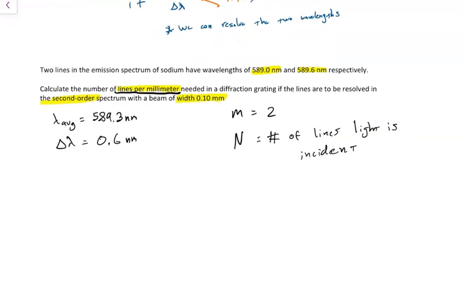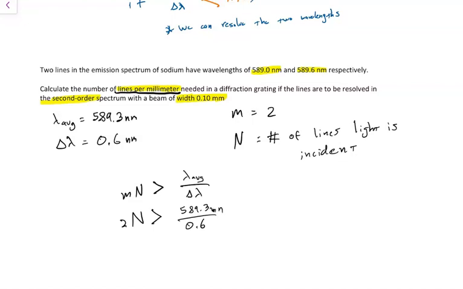So in order for our wavelengths to be resolved, then my mN, the resolving power of our grating, has to be greater than the resolving power needed, which is lambda average divided by our delta lambda. So I have 2 as m times N is greater than 589.3 divided by 0.6 nanometers.